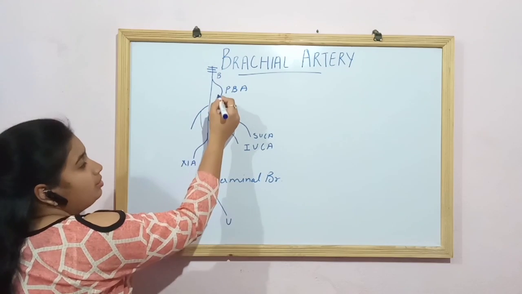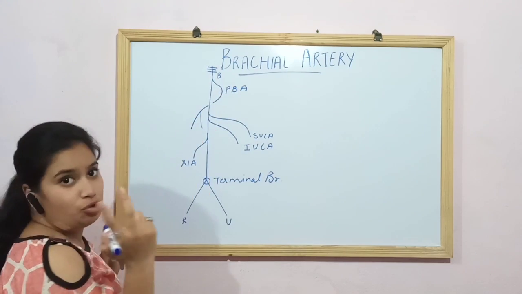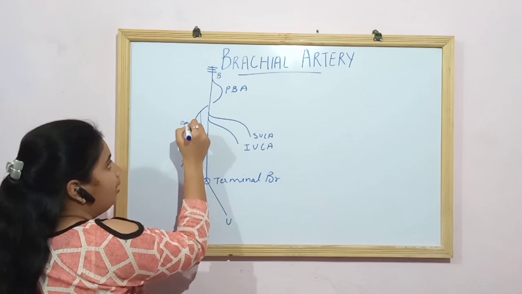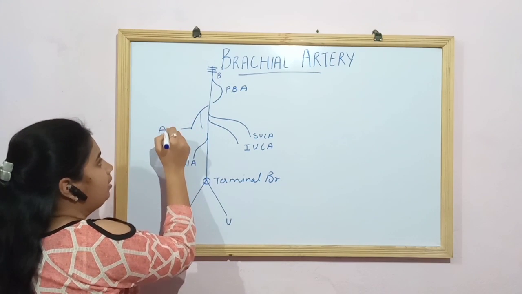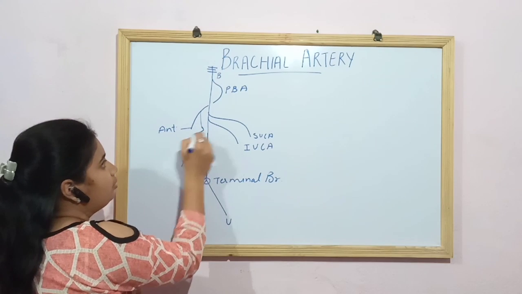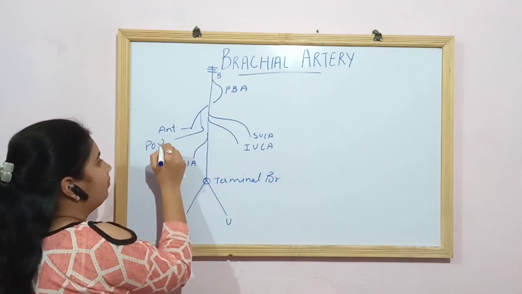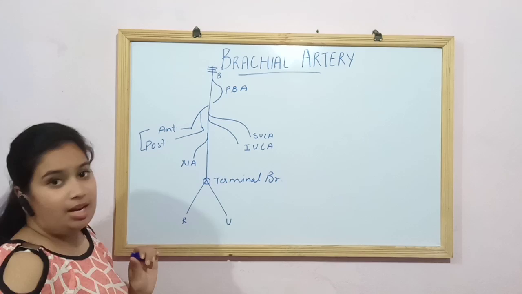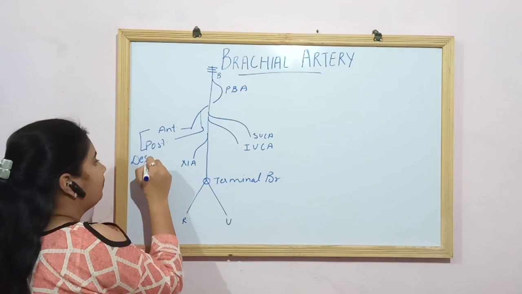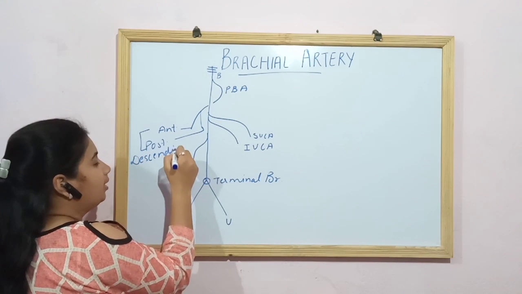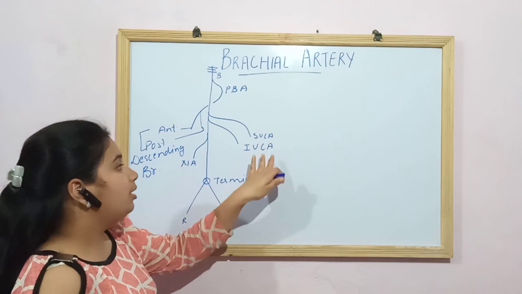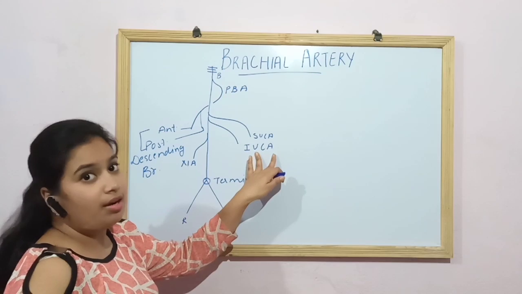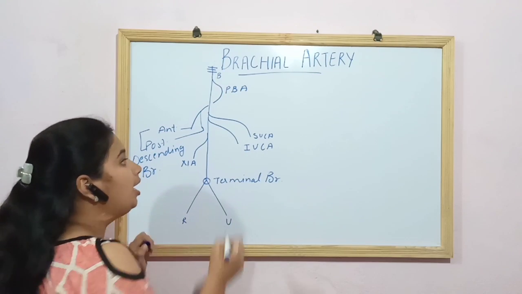Now the profunda brachii artery gives two branches. This one is the anterior branch and this one is the posterior branch. These anterior and posterior are the descending branches. And these are the collateral arteries, superior and inferior collateral artery.